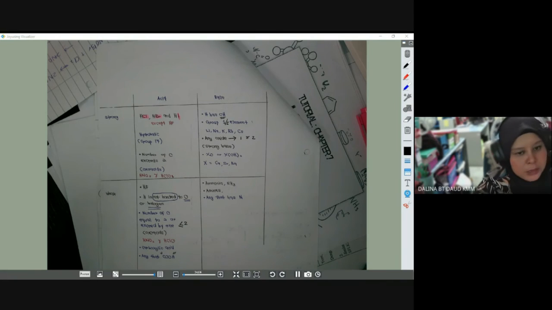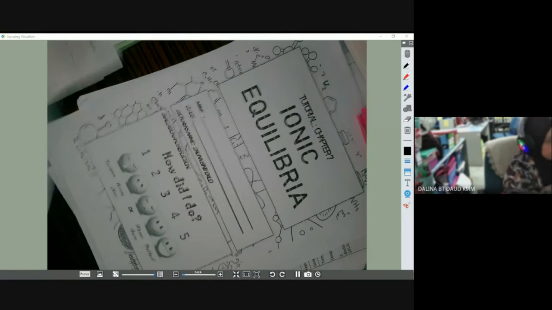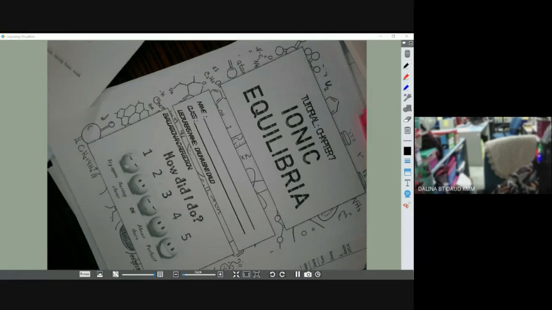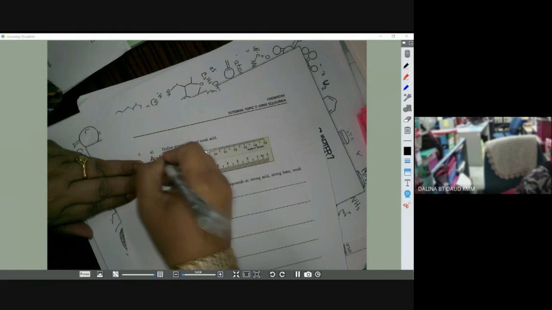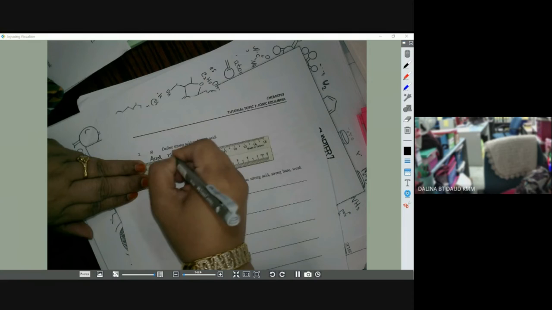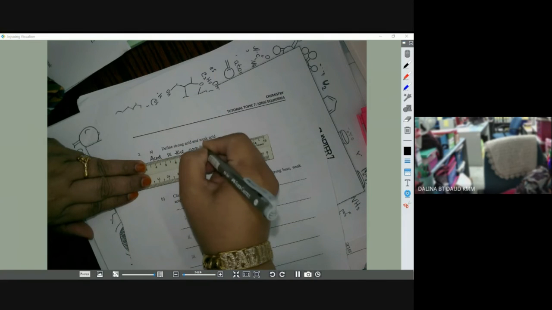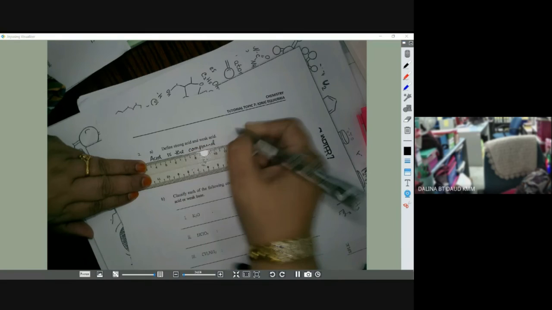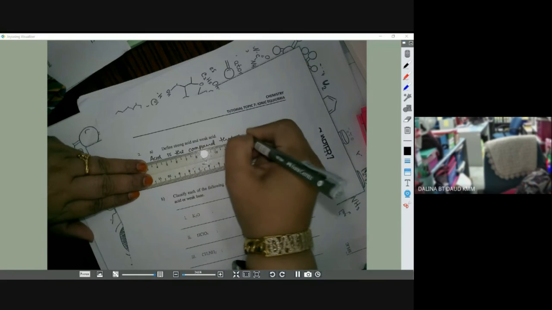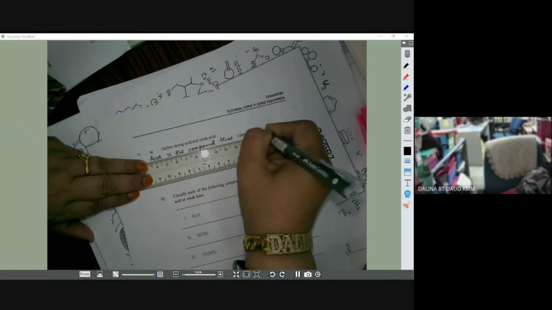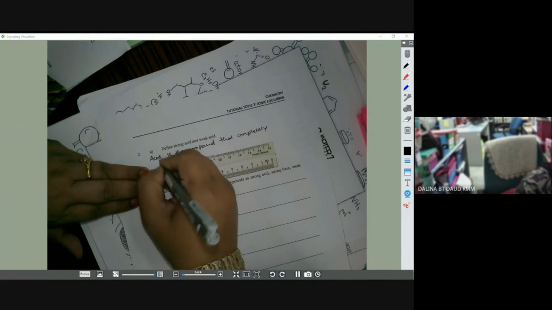Okey, kita try uji. Ada beberapa orang ni. So define strong acid: acid that completely dissociate. Is the compound that completely dissociate.